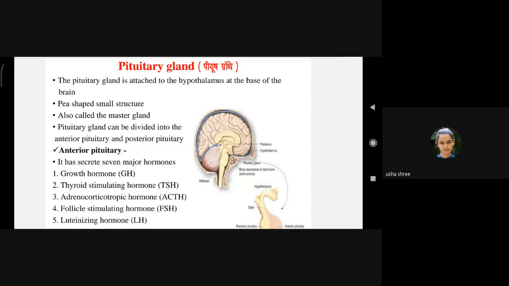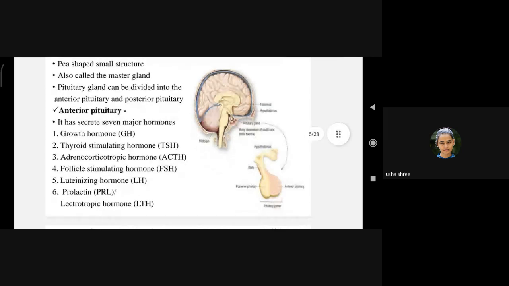Okay. Now, we will talk about the anterior pituitary. The anterior pituitary secretes 7 major hormones. These hormones regulate all other factors of the endocrine system. So, what are those 7 hormones? At first, very important, growth hormone. Second, thyroid stimulating hormone.